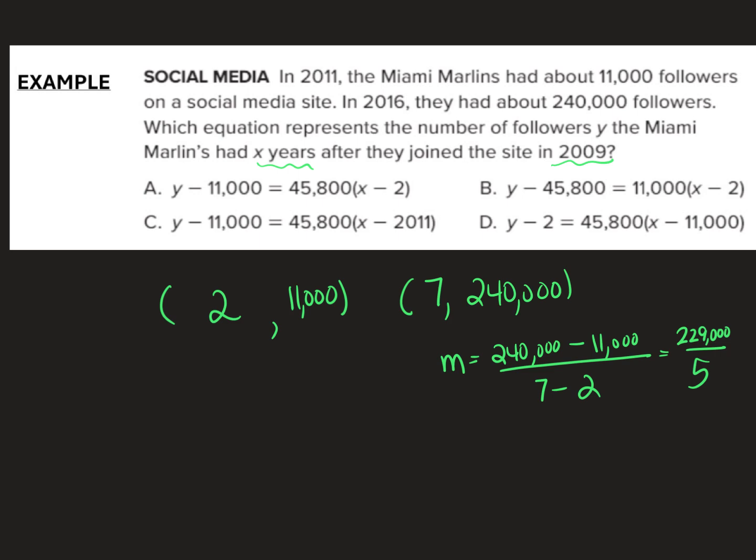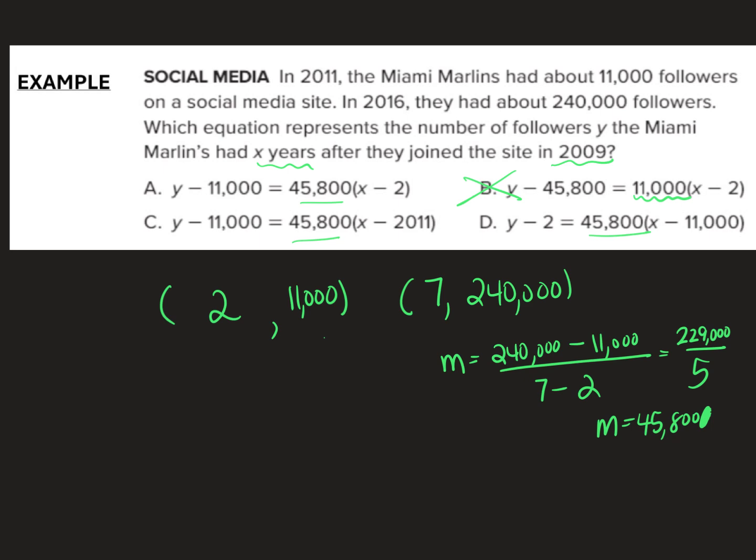I'm going to divide that by 5. So the slope would be 45,800, which we could tell because, oh no, we can't. This one is saying the slope is 11,000, so it's not B. And then these three are saying that the slope is 45,800. Whoops, look, one extra 0. And so it's either A, C, or D.